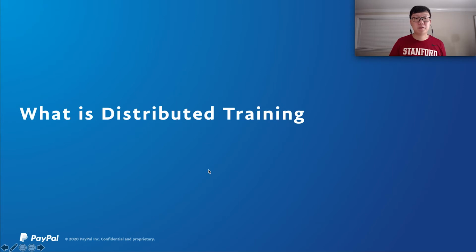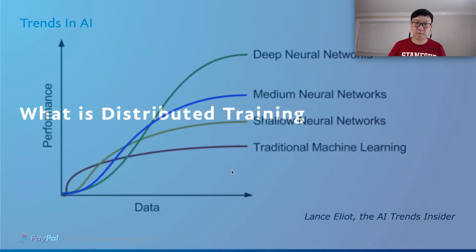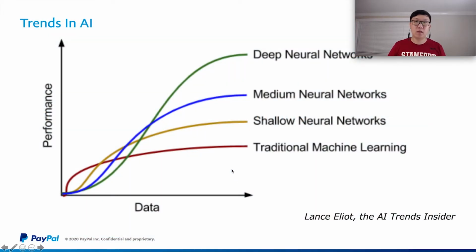Now, let me firstly talk about distributed training. Okay, let me explain what is distributed training and why data scientists need to use it. In this chart, it shows a trend in the AI industry. We are getting more and more data, and the models are getting more and more complex.